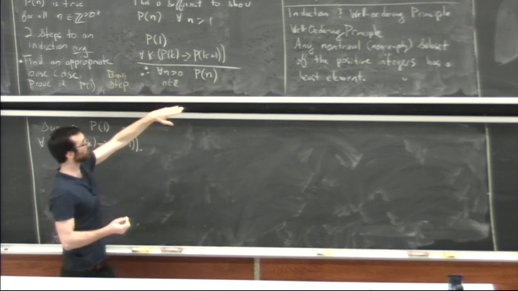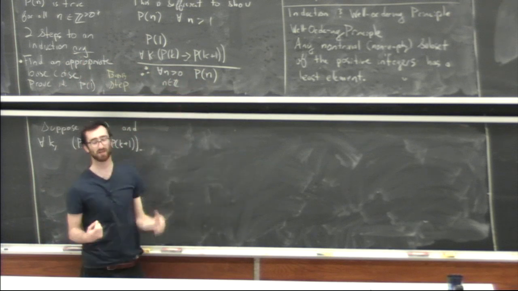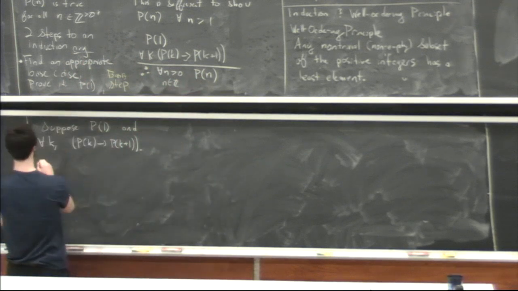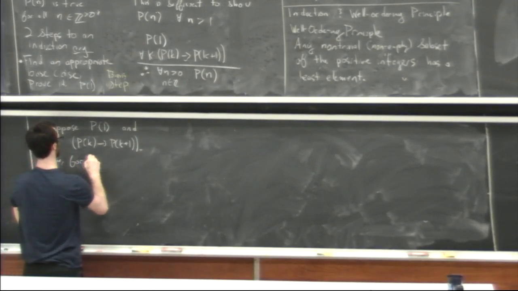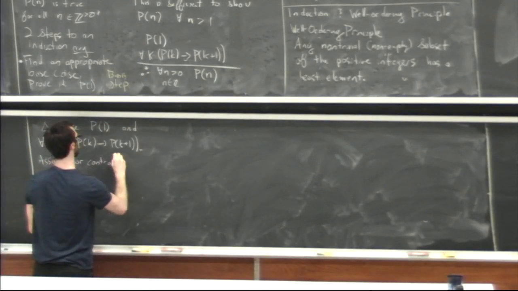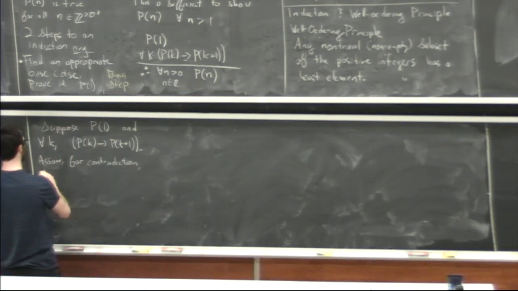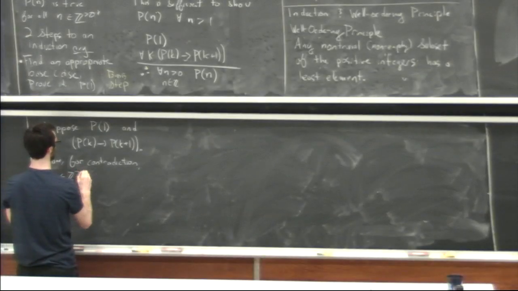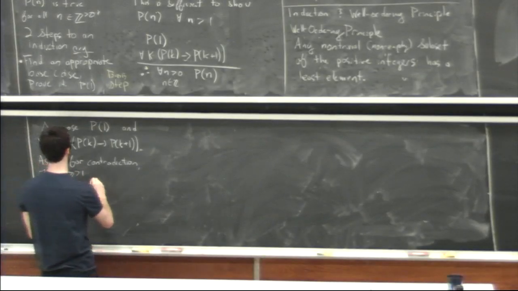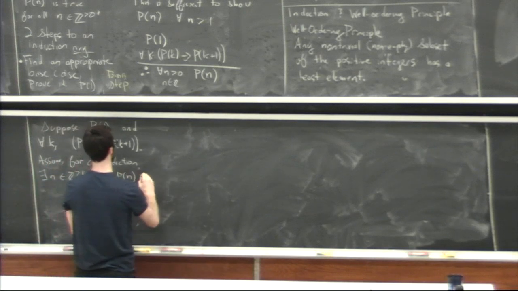So I'm going to prove by contradiction. Assume, for contradiction, that there exists an n in the integers greater than 0 such that P of n is false.